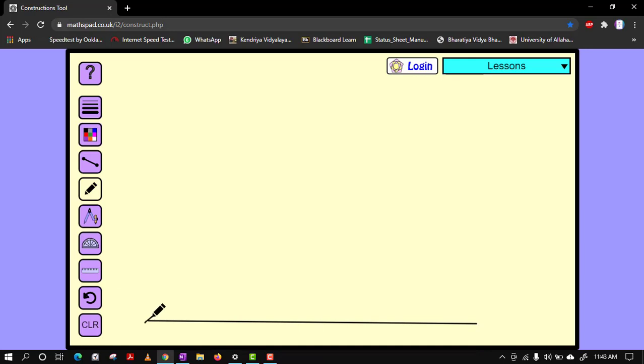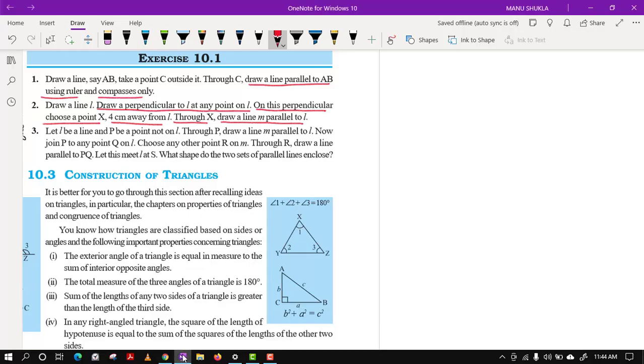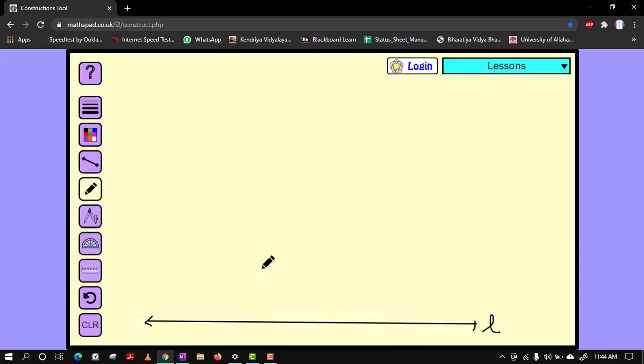This is your line L. We have to take a point P not on it. So let's take the point P somewhere here. The point is not on the line. I've drawn 2 points by mistake. So this is point P.